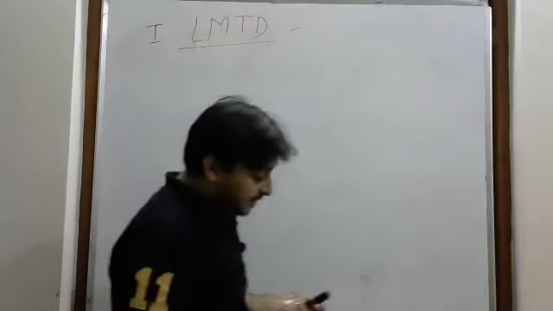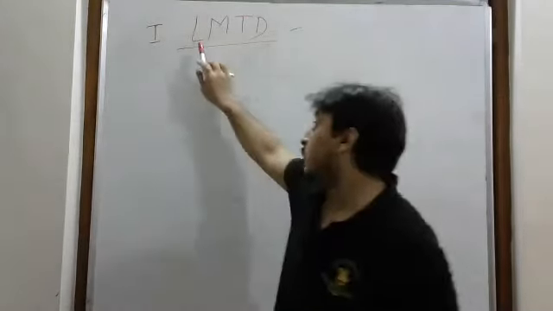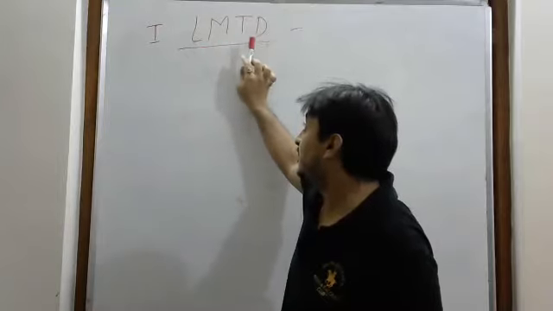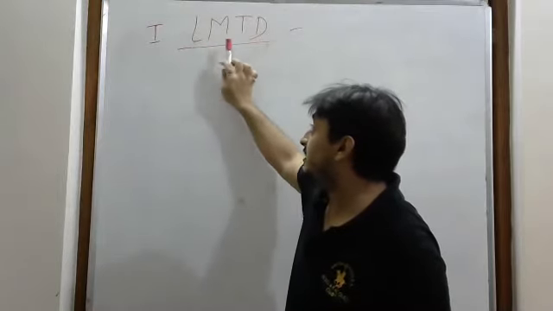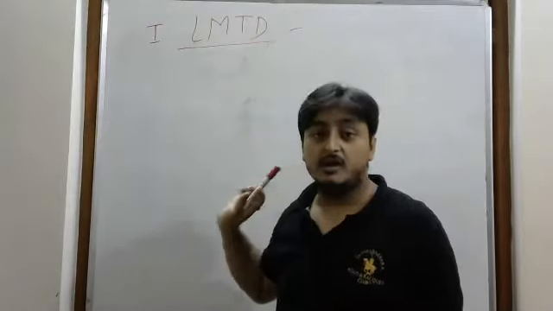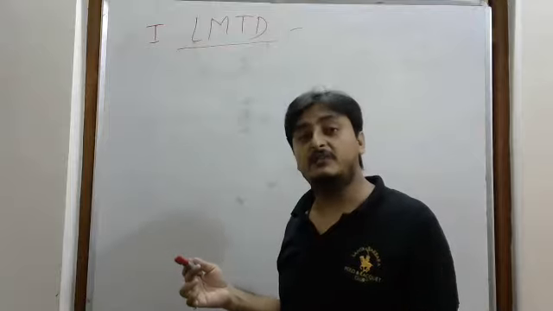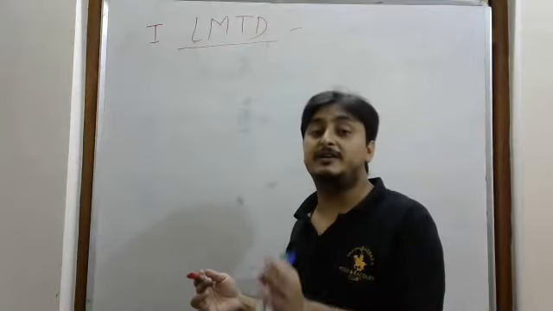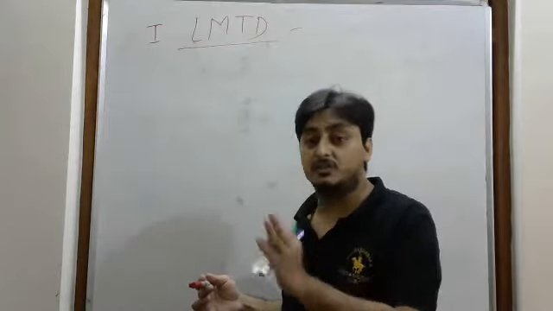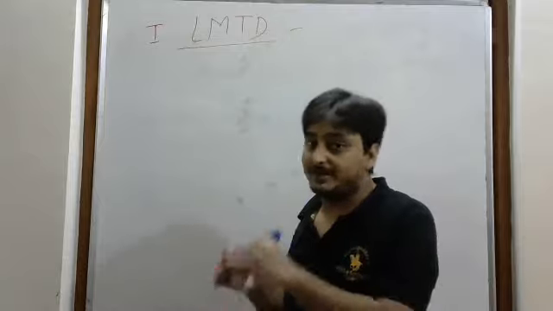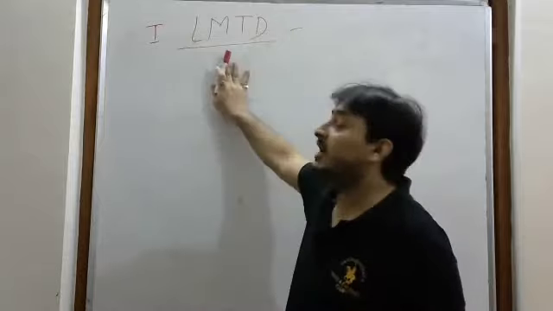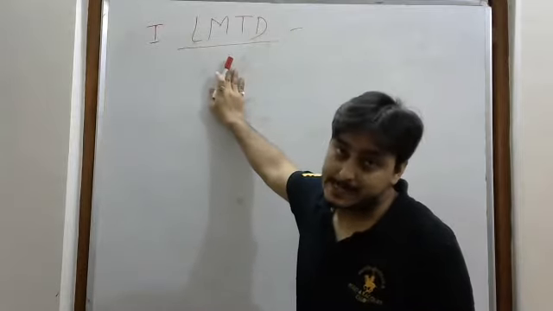What is LMTD? Logarithmic mean temperature difference method. The other method is the effectiveness NTU method. NTU means number of transfer units. I will tell all those things. So first we are going to study the LMTD method.